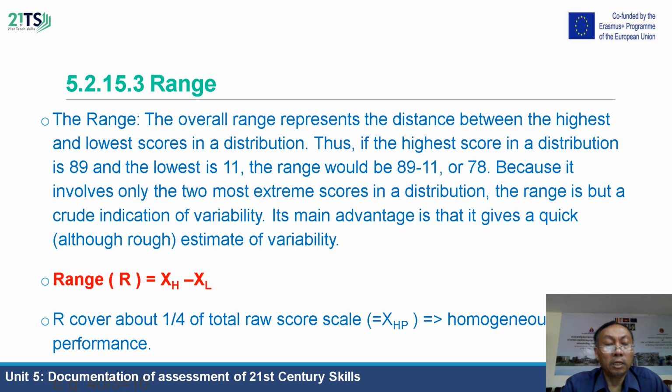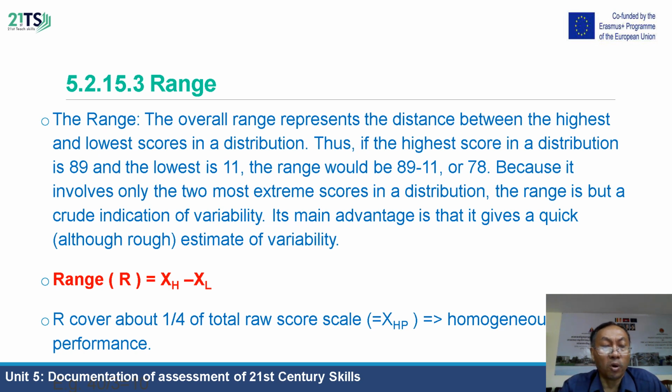Range. The overall range represents the distance between the highest and the lowest scores in the distribution. Thus, if the highest score in the distribution is 89 and the lowest is 11, the range would be 89 minus 11, or 78.